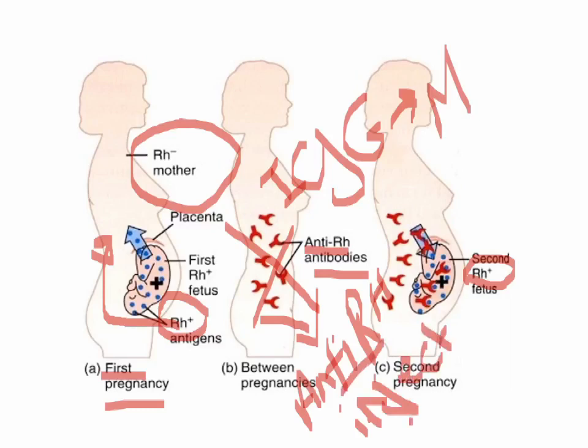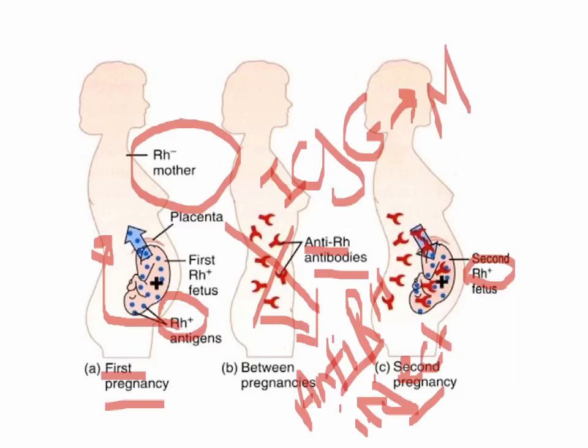You give it to the mother immediately after the delivery. It should be within 72 hours of the delivery time, in order to prevent the body from recognizing the RBCs of the fetus with the expressed D antigen.